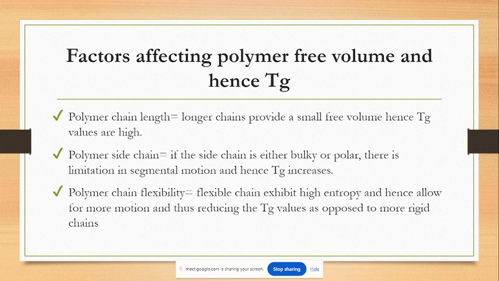Even if they are to expand, they can't expand to a larger extent. So we need a lot of energy, a high temperature, to make these segmental motions, therefore increasing the Tg value. Remember, Tg is the temperature.